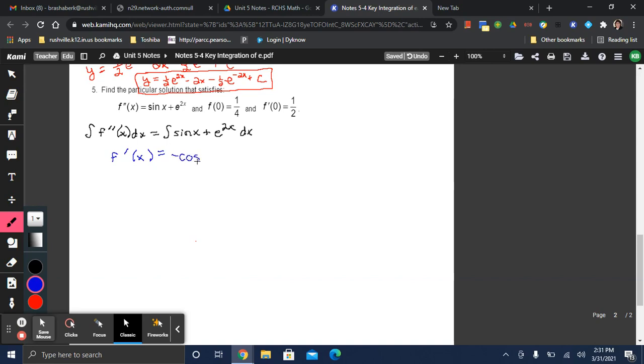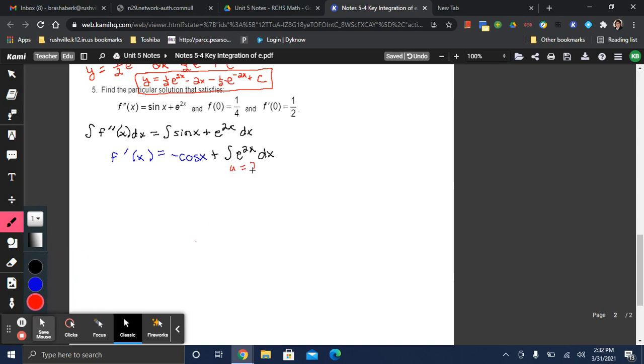And then you may have to slow down just a little bit and actually do the integral of e to the 2x on a separate line. So go ahead and maintain that integral sign, just you're distributing it. We already did the antiderivative of sine, but not of this, because you're going to need to use a u.